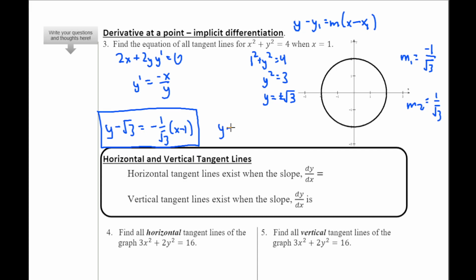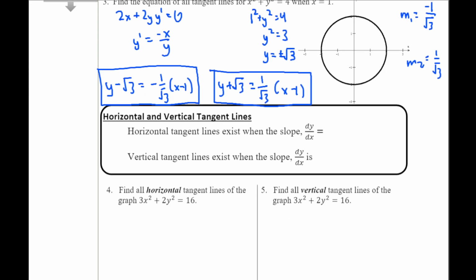When our y value was negative root 3, y minus negative root 3 would be y plus root 3, equals, we get a positive slope here. Be careful here. Times x minus 1. And that is our second equation for the tangent line.